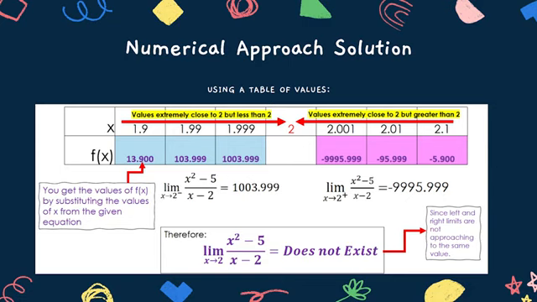The limit from the left is approaching positive infinity, meanwhile the value from the right is approaching negative infinity, which means that they diverge. And since the left and right limits are not approaching the same value, therefore the limit of x squared minus 5 all over x minus 2 as x approaches 2 does not exist.